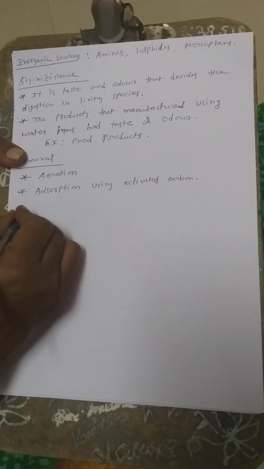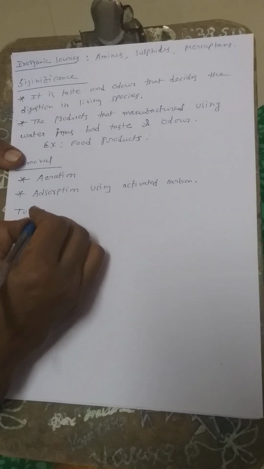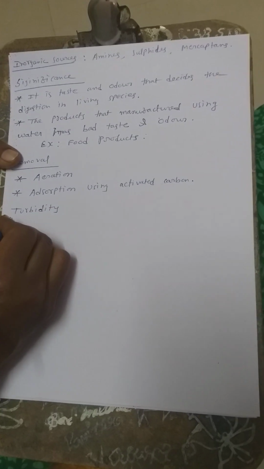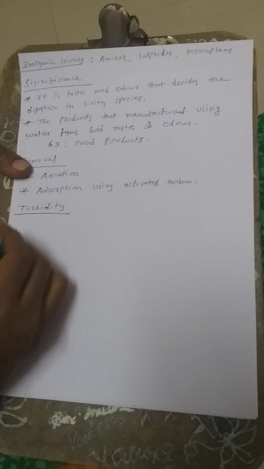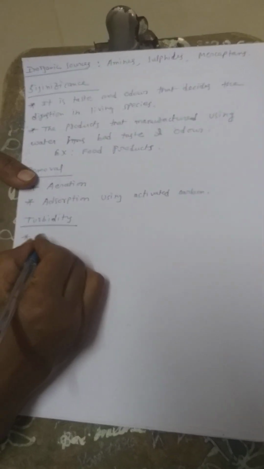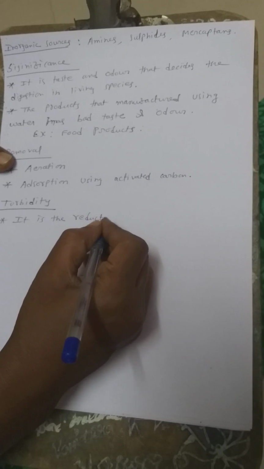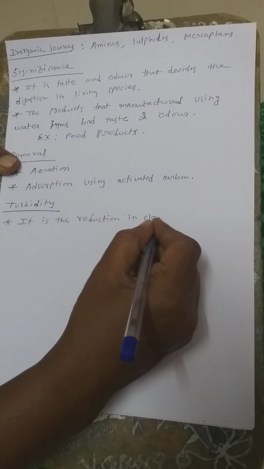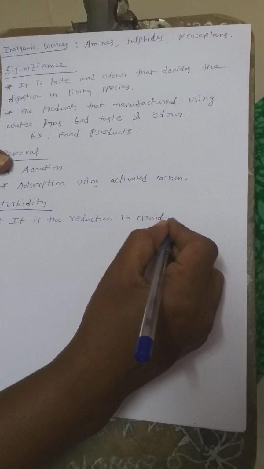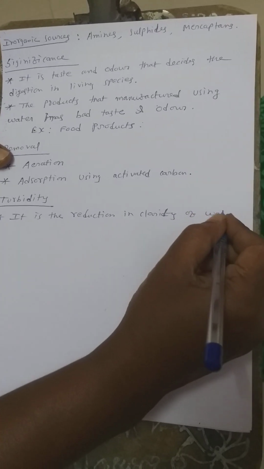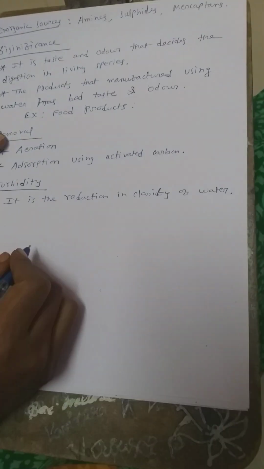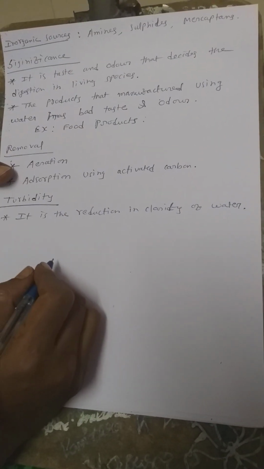Another significant physical parameter which has to be determined or measured is turbidity. What is turbidity? It is the reduction in clarity of water, which means the water looks cloudy.